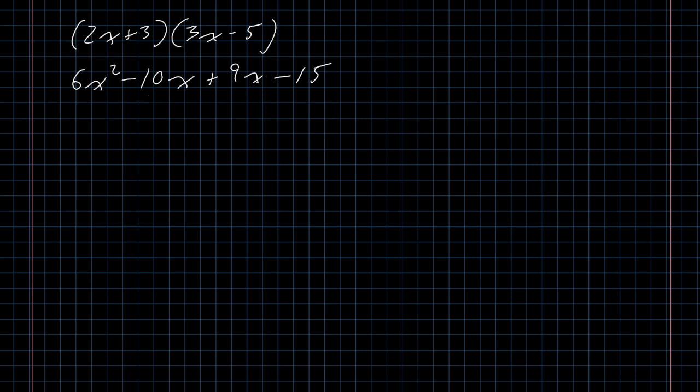Combining some like terms in the middle, and we end up with 6x squared minus, well, it would be minus 1x, but again, the 1 doesn't do anything, so we don't write it out. 6x squared minus x minus 15.